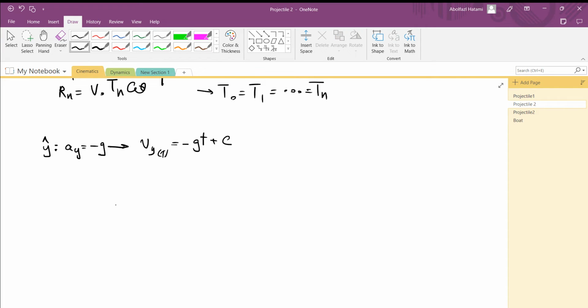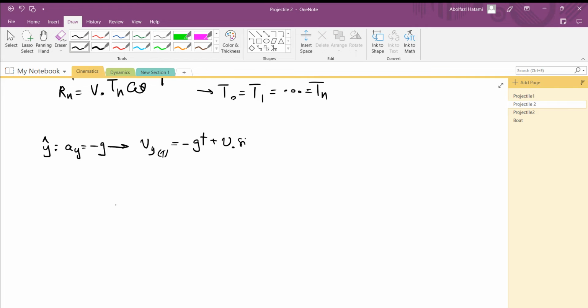We should find this constant with initial values. If we put t equals 0, we know that our velocity at time 0 is v0 sine of theta, so c would be equal to v0 sine of theta.